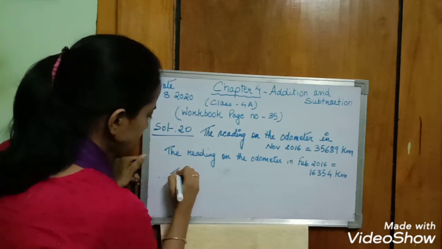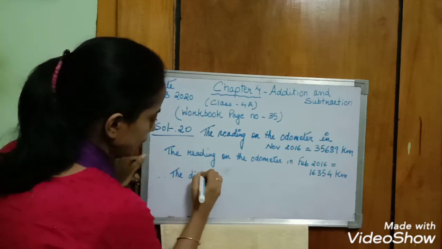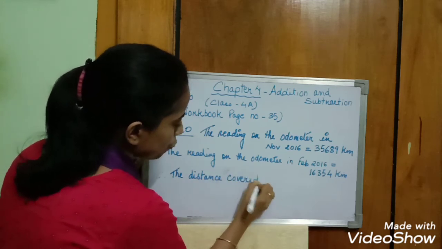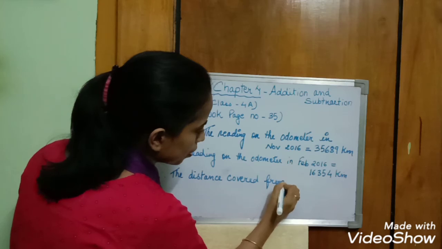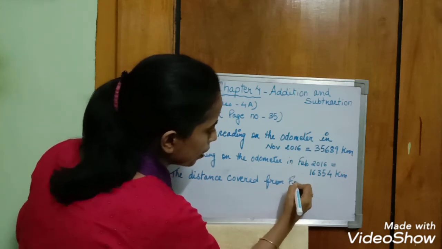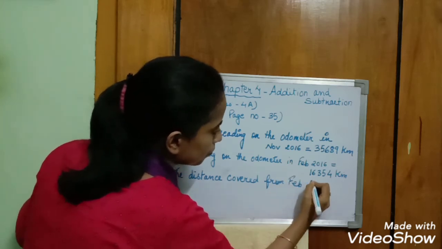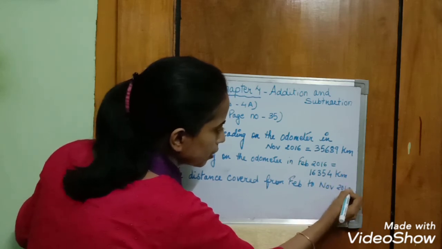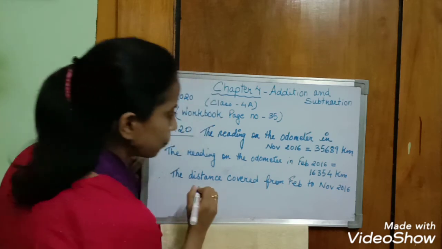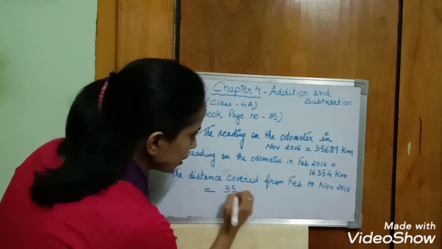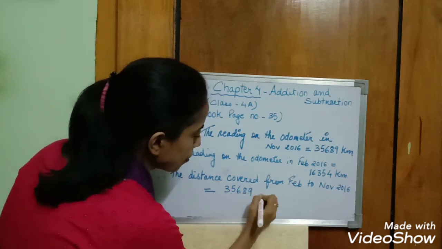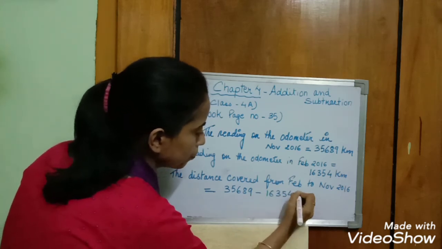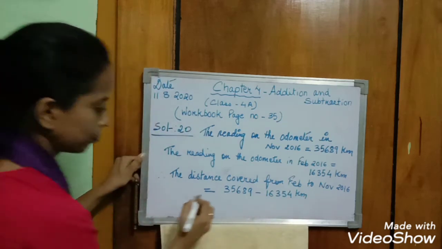Therefore the distance covered from February to November 2016 is equal to 35,689 minus 16,354 kilometer.